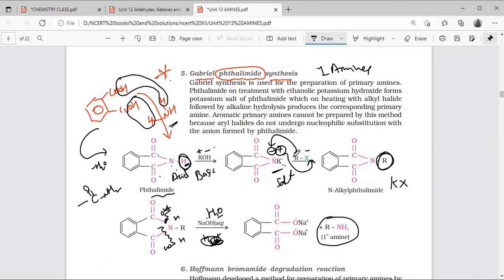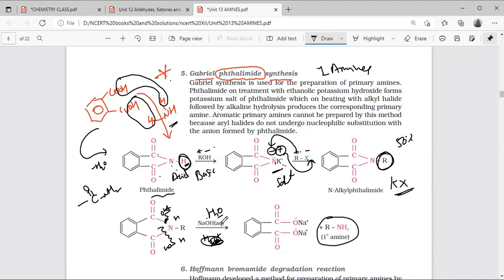Then only the new bond formation takes place between nitrogen and the alkyl group. So simply K and X, KX is forming as byproduct. R is substituting on nitrogen. This 50% is over.